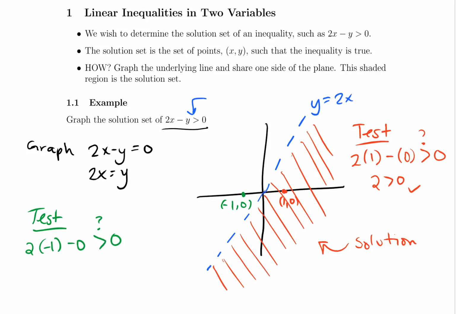Is this greater than 0? We have -2 greater than 0, and this is false. That tells us that the side of the plane that has (-1, 0) is not our solution set, and so we would still shade in the right-hand side exactly like we did before. It doesn't matter if you pick a point that's in the solution set or not, you'll always be able to figure out which side of the line is your solution set.